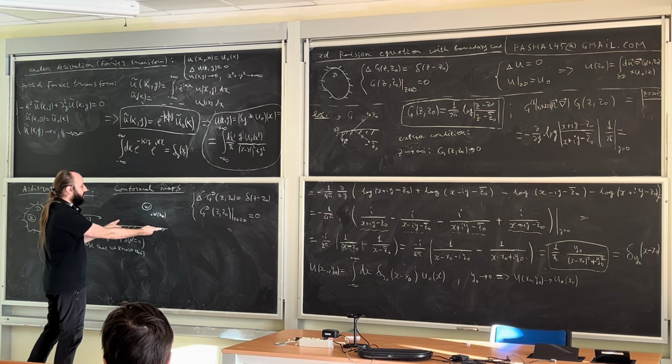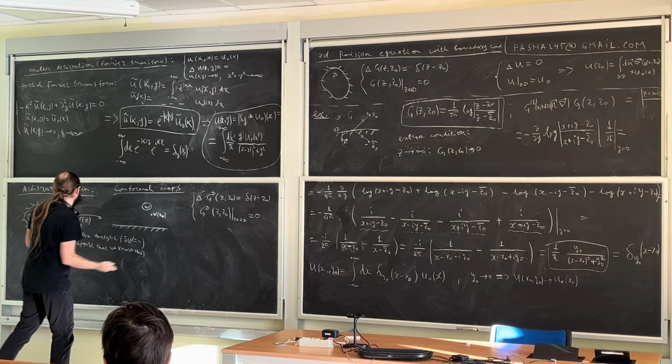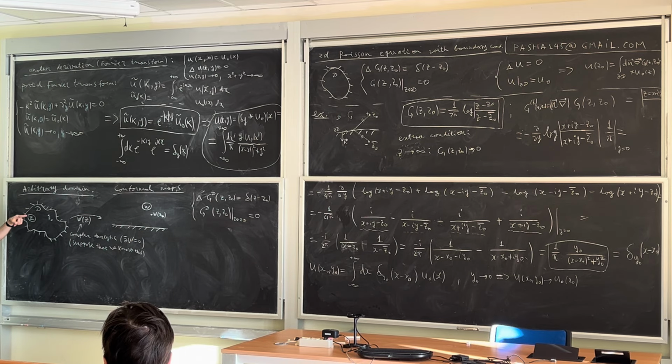This upper half plane is a kind of compactified. We'll see such a map for one simple example when this domain is just a circle, which we already know. So there will be some point that maps to infinity. So it breaks at some point. So w of z infinity is infinity.